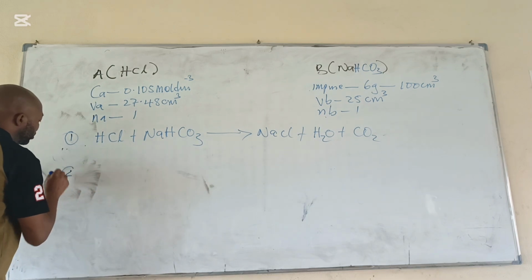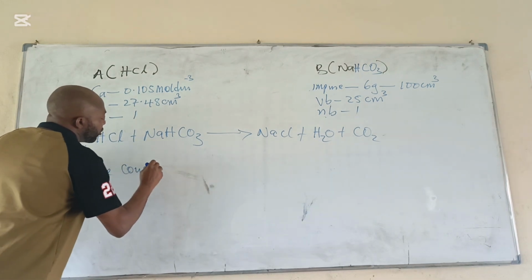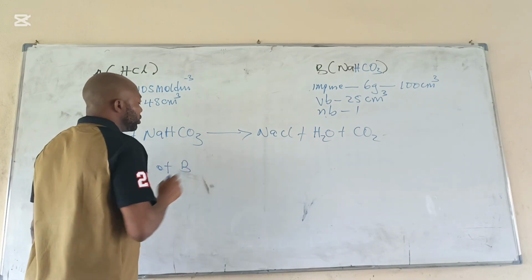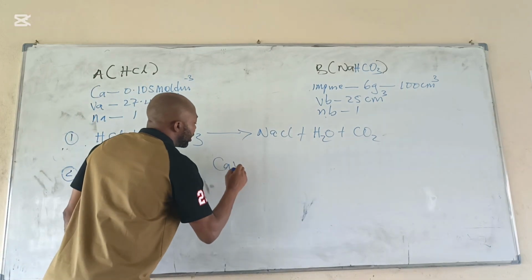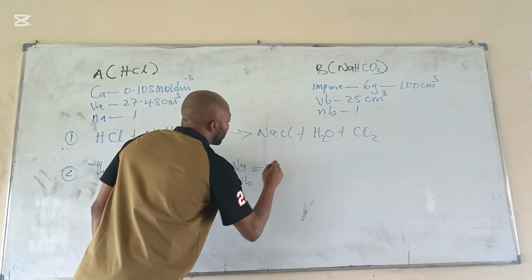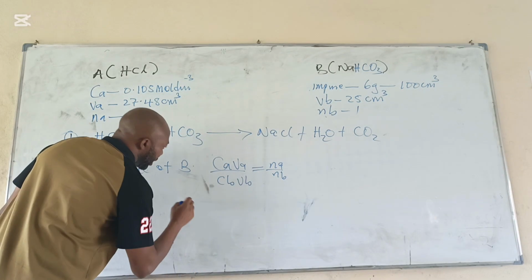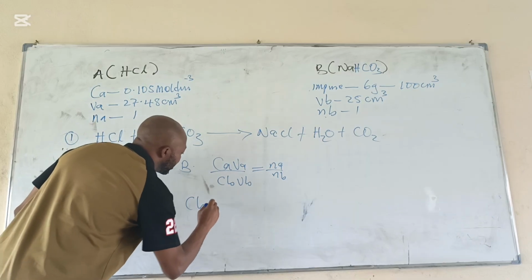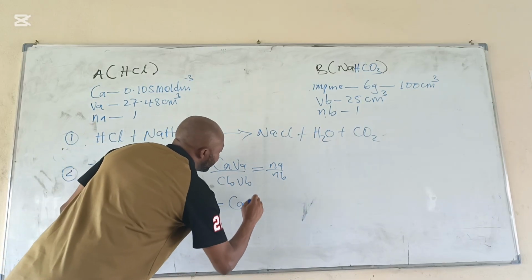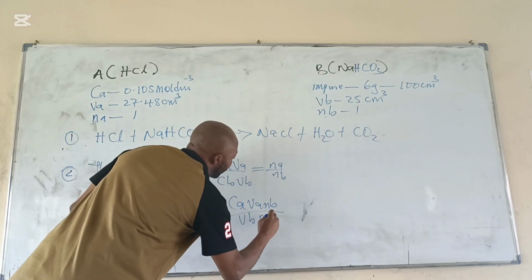To get the concentration of B, we use the formula CAVA over CBVB is equal to NA over NB. Then we're looking for CB, so CB will become CAVA NB over VB NA.